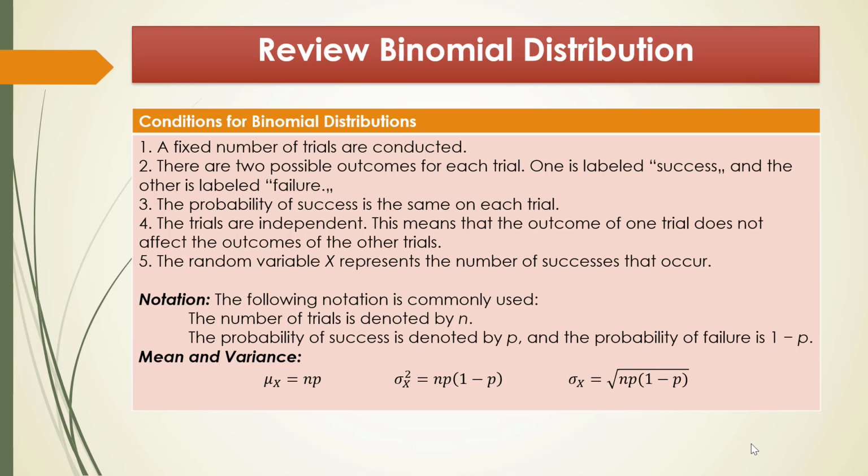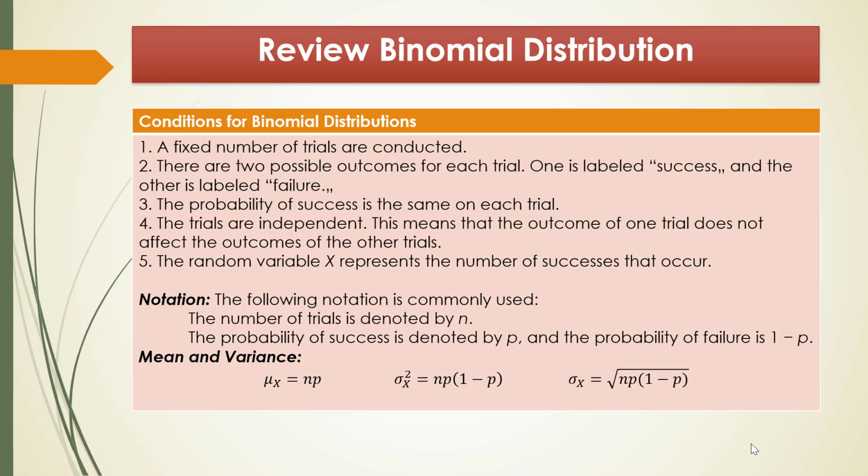Number 3, the probability of success is the same on each trial. Number 4, the trials are independent. This means that the outcome of one trial does not affect the outcomes of the other trials. Number 5, the random variable x represents the number of successes that occur.